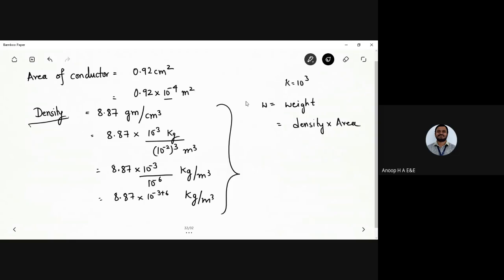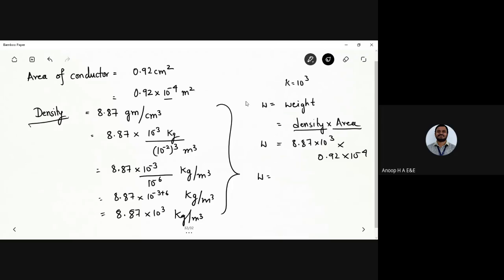Density is 8.87 into 10 power 3 kg per meter cube, and the area is 0.92 into 10 power minus 4.